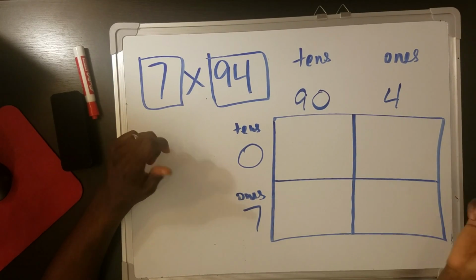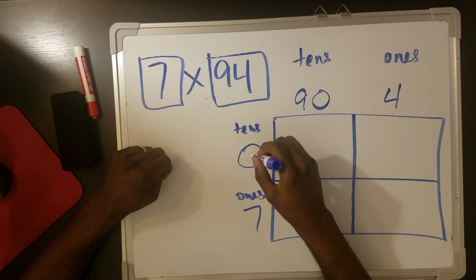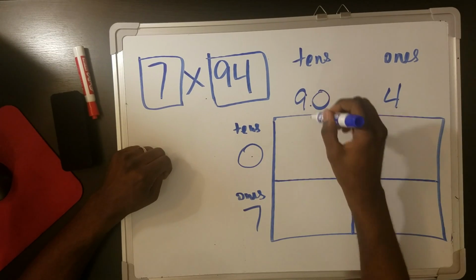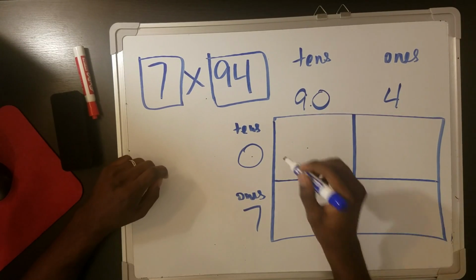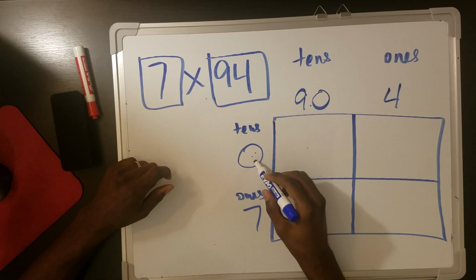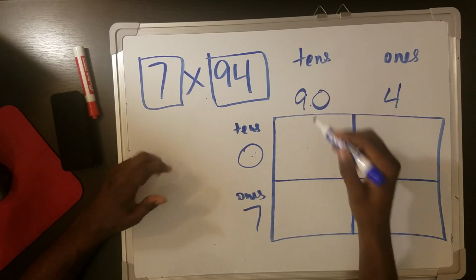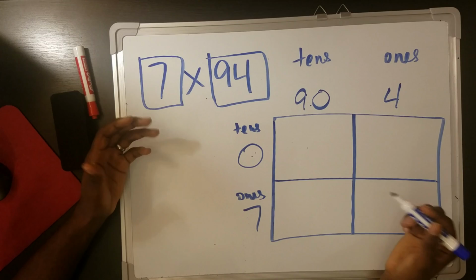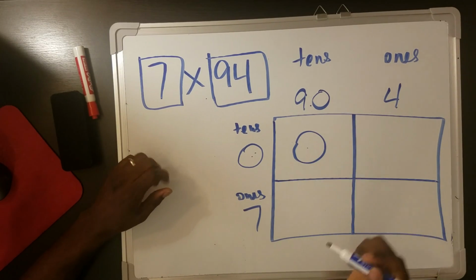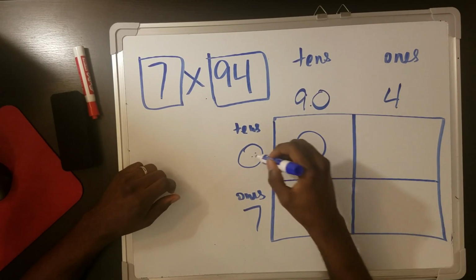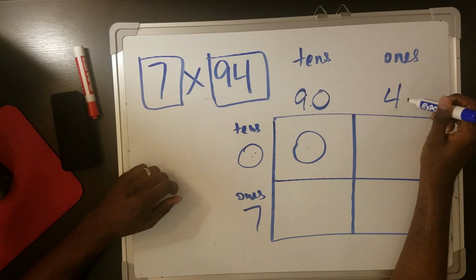multiply. And how you go about this is you take this times this and you put it here. Okay? So this times this, what is 0 times 90? Well, 0 times anything is going to give you a big fat 0. Next, you do this times this.